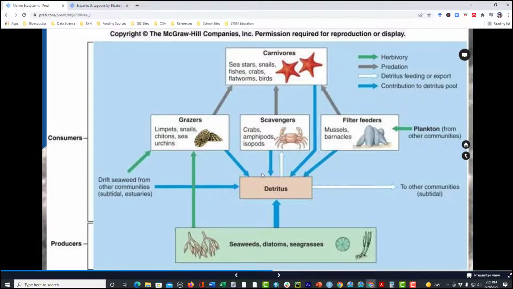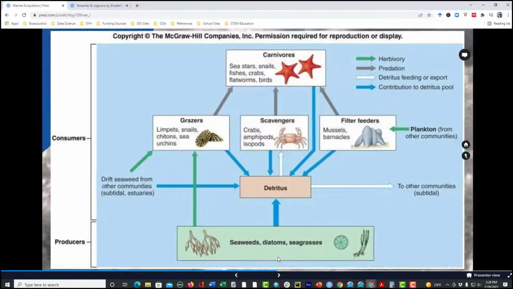Everything turns into detritus eventually when it dies, but the grazers are largely fed on by carnivores such as sea stars, snails, fish, crabs, and birds. And from there you have your different secondary and tertiary predators within the community. So we have a very dynamic web here, and it's a very abundant area for finding food.